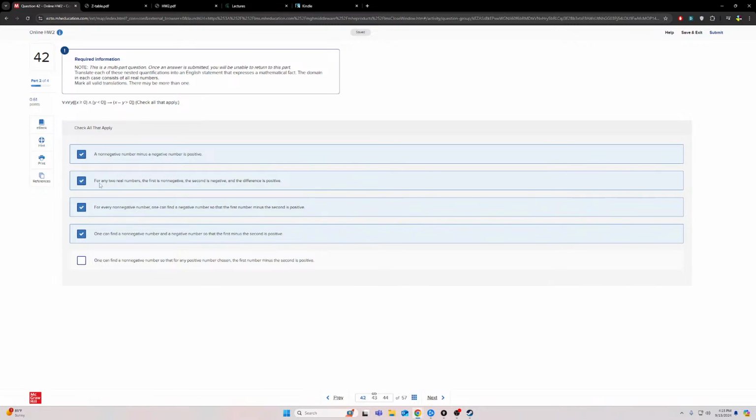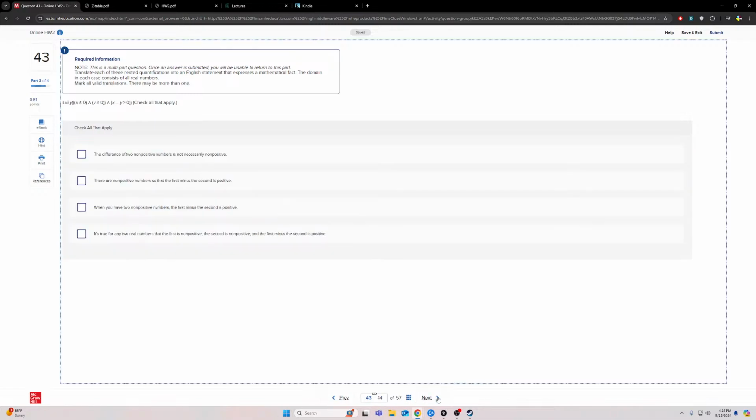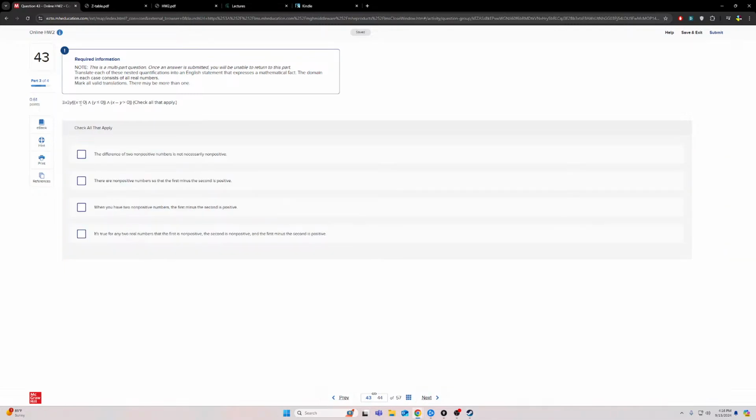One can find a negative number for any real two numbers. First negative, non-negative, second is negative, difference is positive. Non-negative minus negative is positive. I think that's it. There exist x and y, two real numbers, where one value is non-positive, the other value is non-positive, two non-positive values, and the difference is positive.